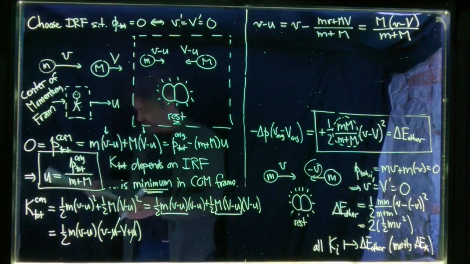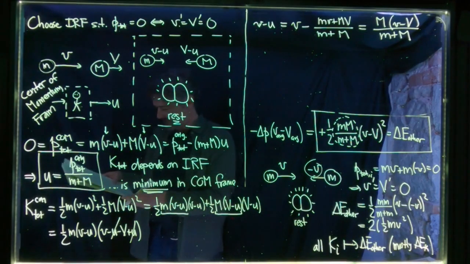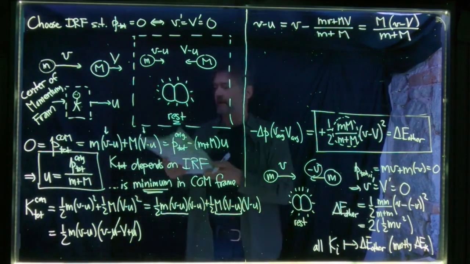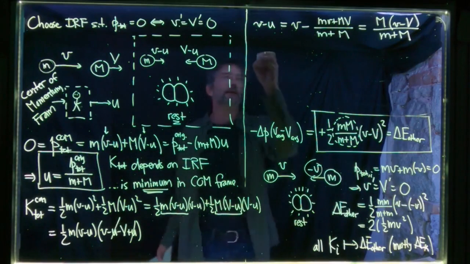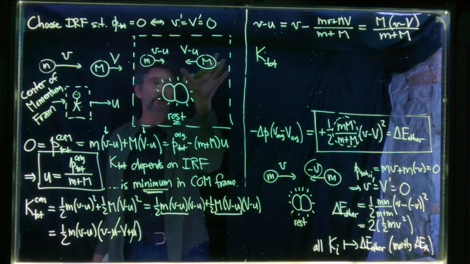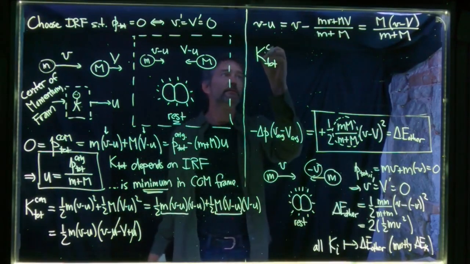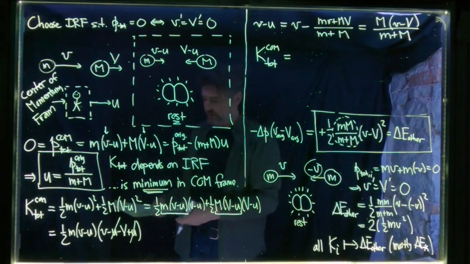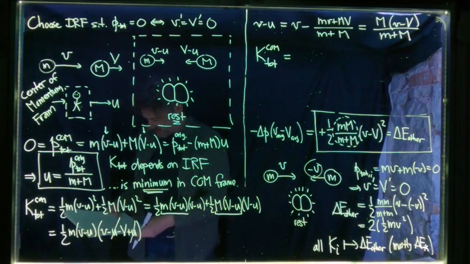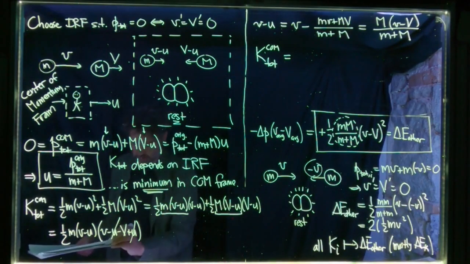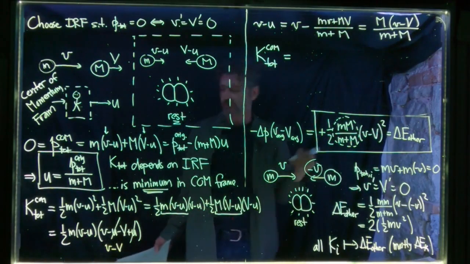In fact, let's just do that. Well, how much room do we really need? Let's do it right here. Okay, so then what we get is K total, the total kinetic energy originally in this center of momentum system. Okay, so what is that? That's equal to, let's just do this all in one step here. Well, this over here is little v minus big V. This is also little v minus big V, so we'll have that squared.